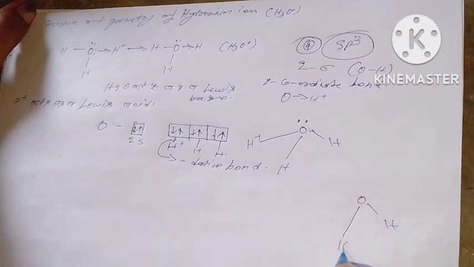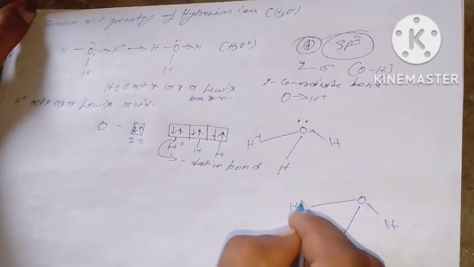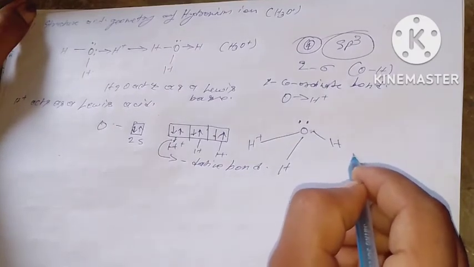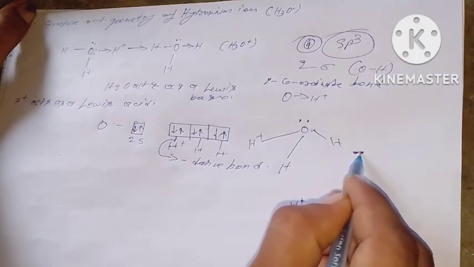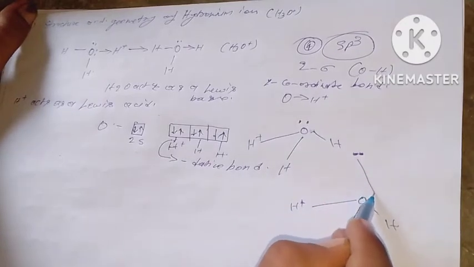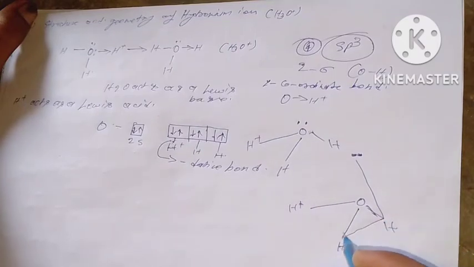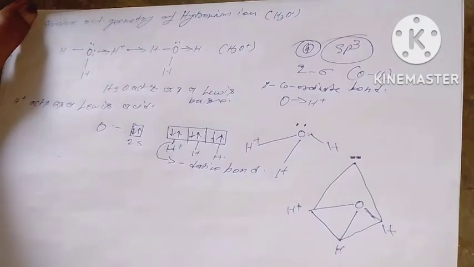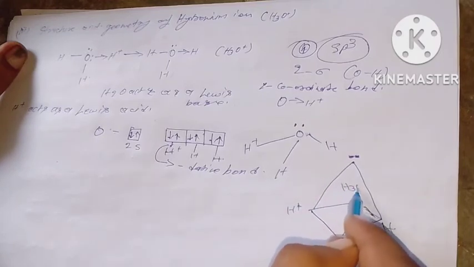This is the trigonal pyramidal shape, with hydrogens and a lone pair on oxygen. This is the structure of hydronium ion.